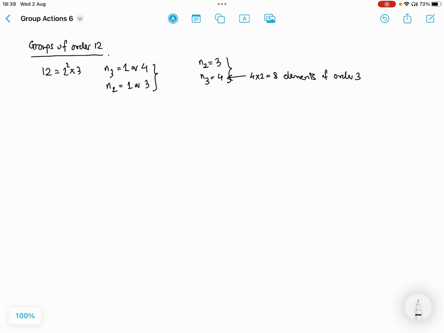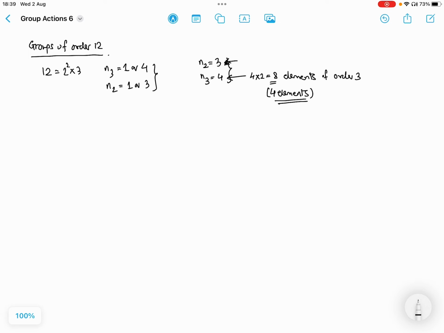Maybe you can look at it this way: we have already got 8 elements, so the remaining are only 4 elements, because the group has 12 elements.